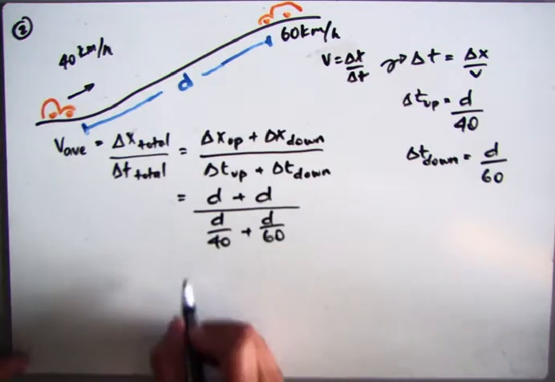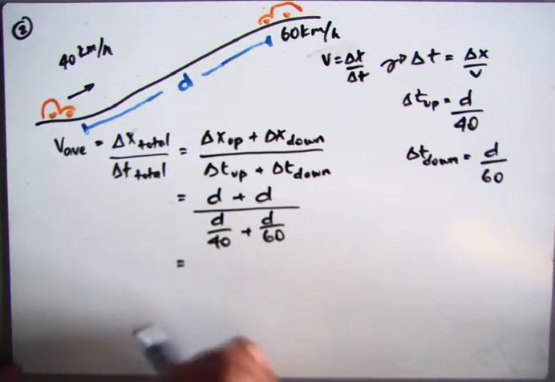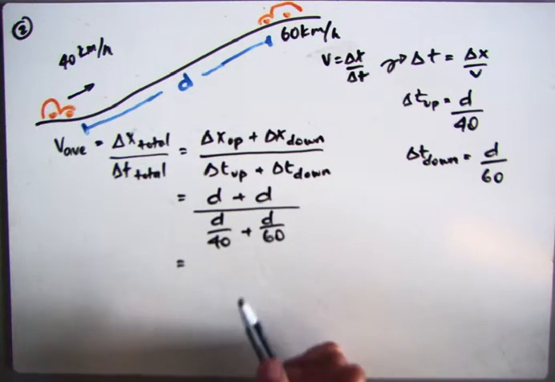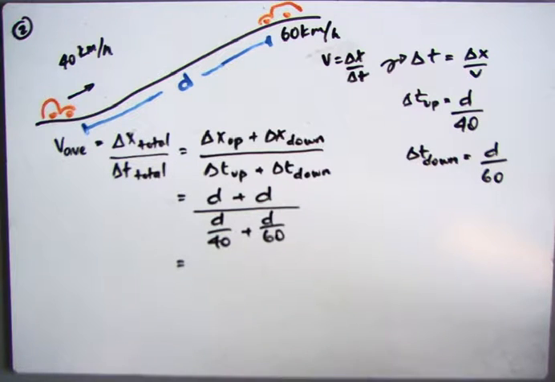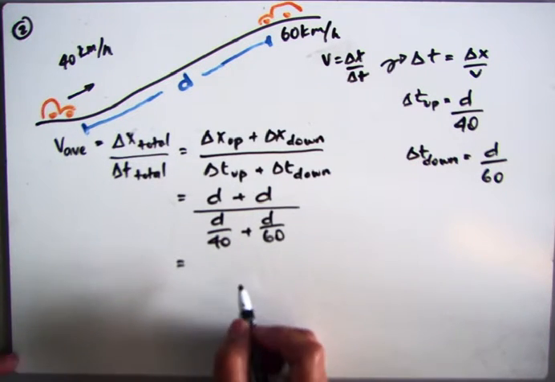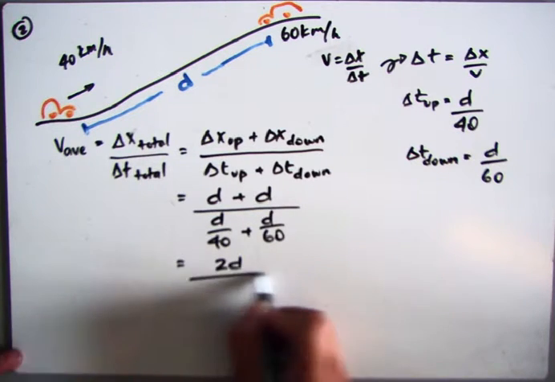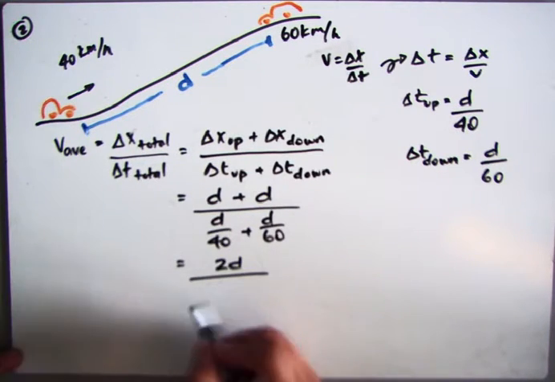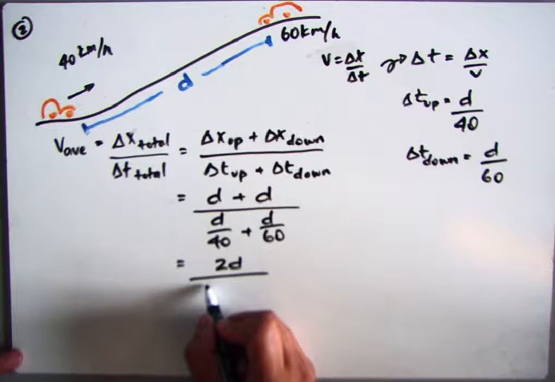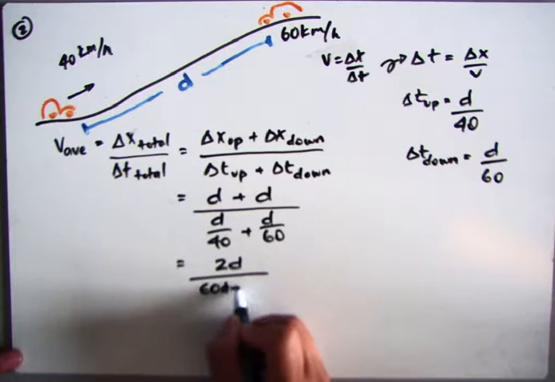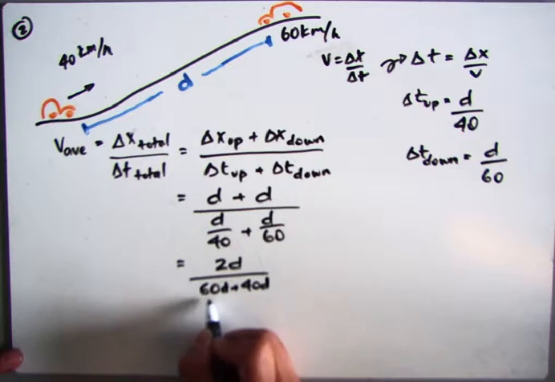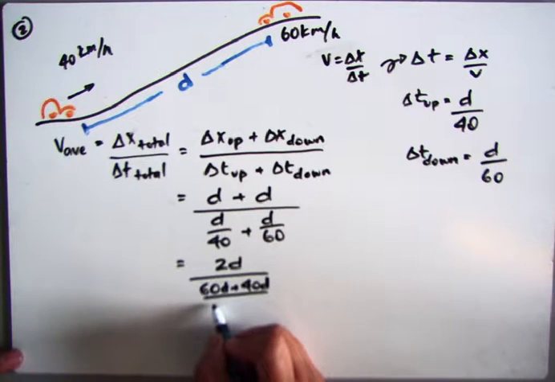Now, depending on your comfort with rearranging equations with fractions and fractions, you can do this in one step, or you might need a couple of steps. I'll draw it out a little. So the numerator becomes 2d, and for the denominator, we're going to find a common denominator. So it's going to be 60d plus 40d all over 40 times 60, right?